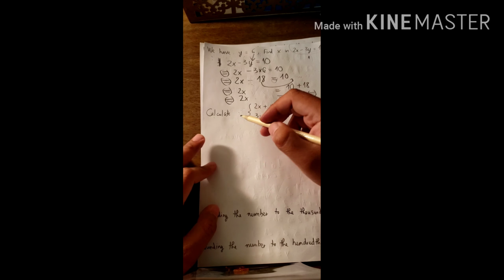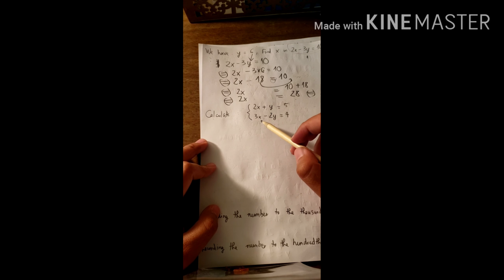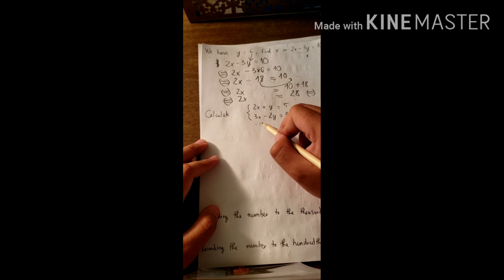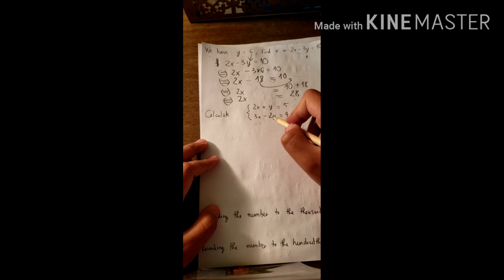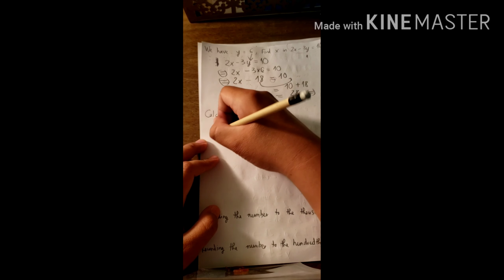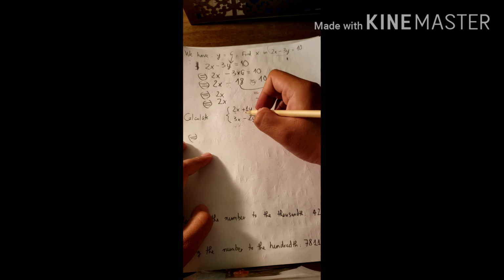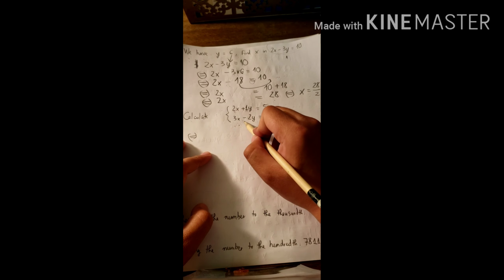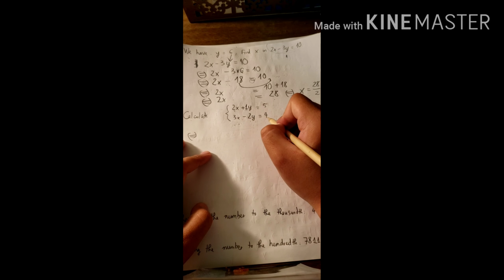The next one we will talk about the system, because some of the tests will provide a system like this, and we need to know how to calculate them. First, we have 2, 1, and 5. This is 1 because 1 times y is still the y. 3s minus 2y equal 4.